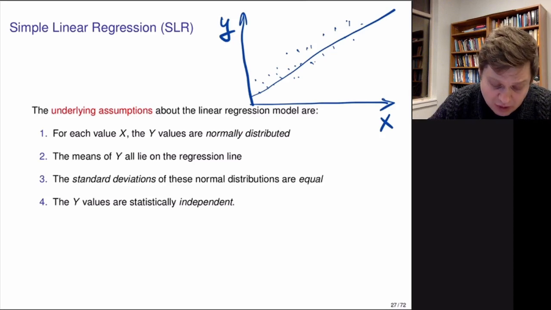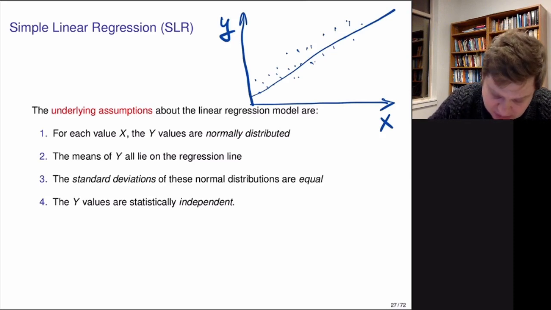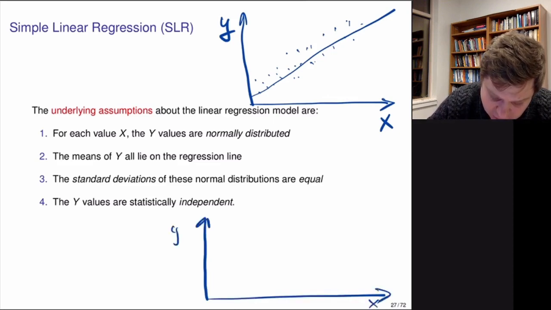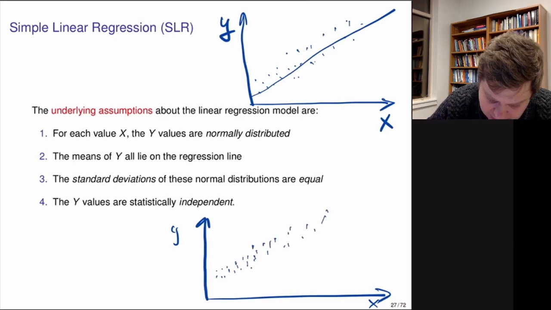So one requirement is that for each value of x, values of y are normally distributed. Let's say again you have your input x, your output y, and you have your observations. So that's your data set, and you try to plot a line through this data set.